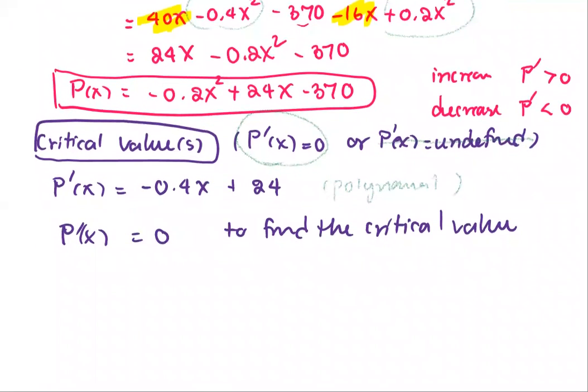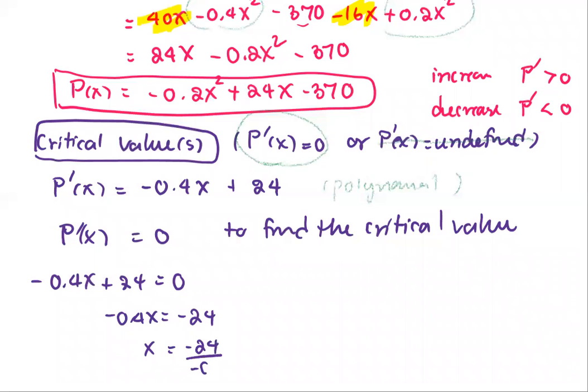So P prime is -0.4x + 24 = 0. Subtract 24 from both sides, and then divide both sides by negative 0.4, and that will give us positive 6. No, not positive 6, sorry. It's going to be 60.